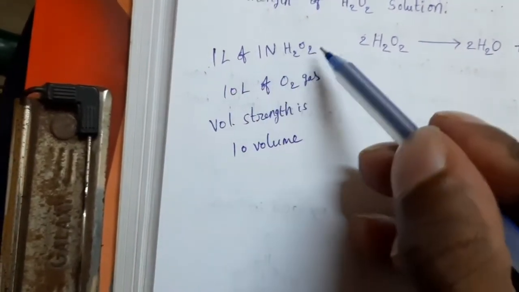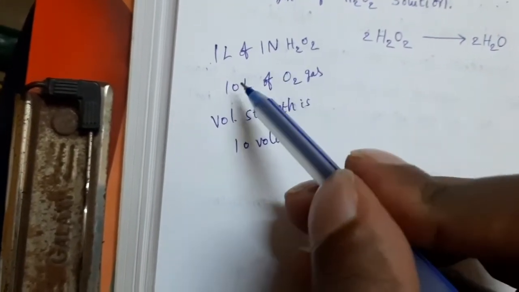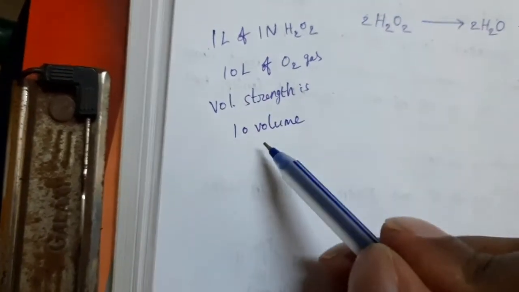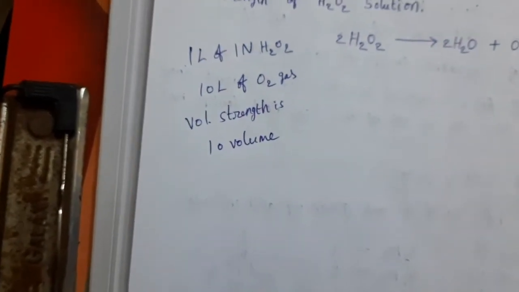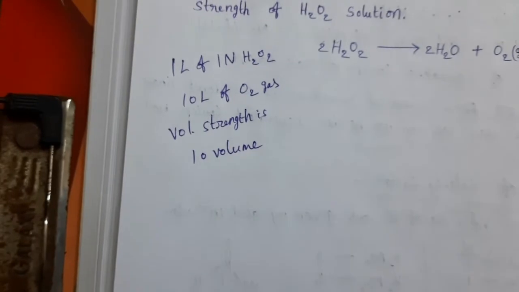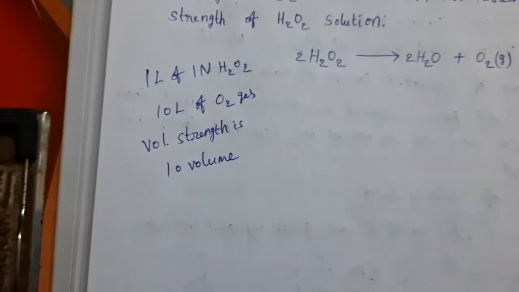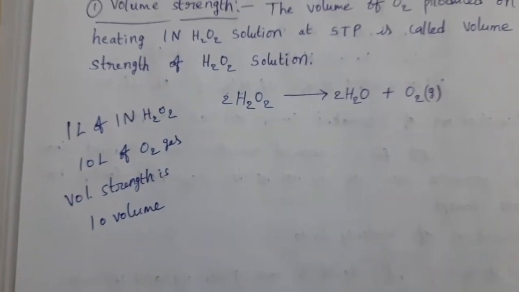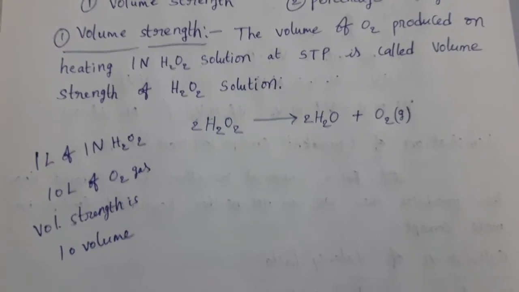Suppose 1 liter of H2O2 solution produces 20 liters, volume strength is 20 volume. 30 liters of O2 gas, volume strength is 30 volume. In this way, we can say the volume strength of H2O2.